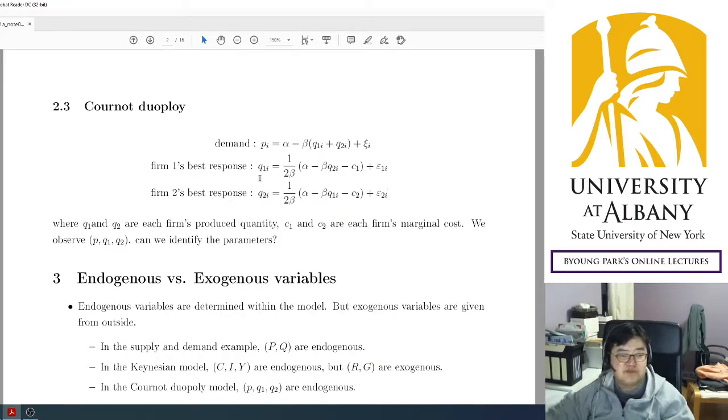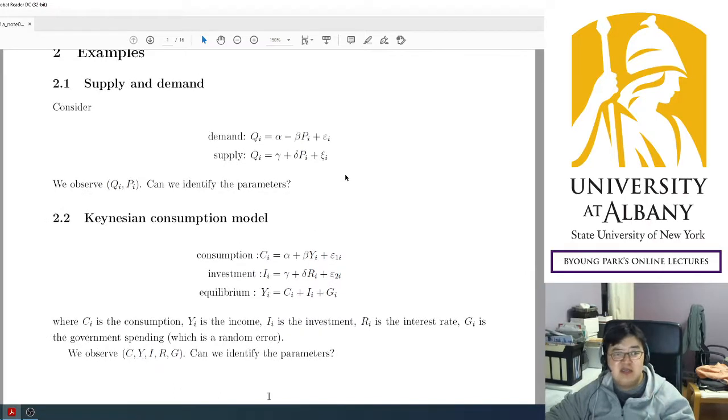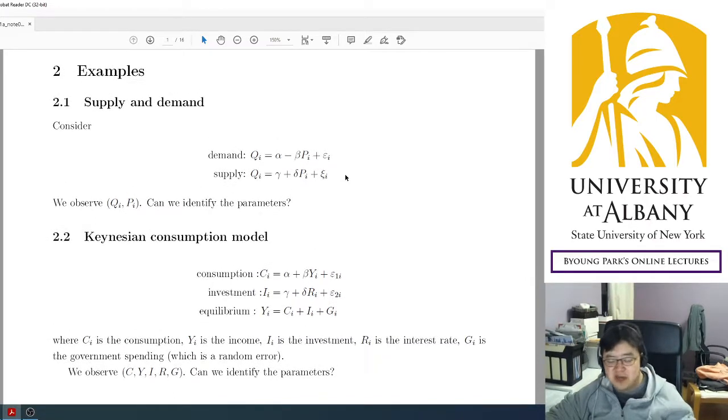In this model, simply speaking, as you can see, the simultaneous equations model means a system of equations. Usually it is linear, but you may relax the linearity if you need. Here I will maintain the linearity assumption.